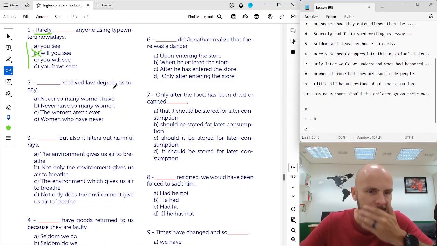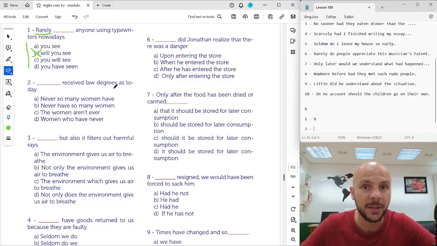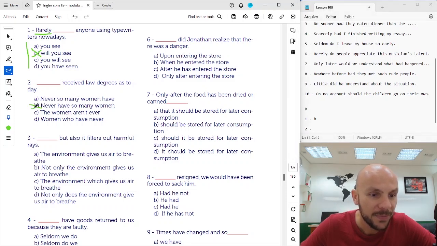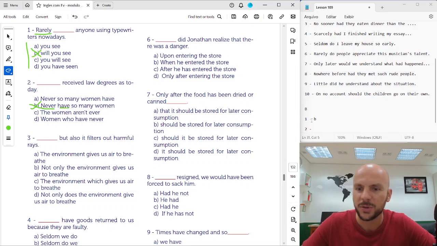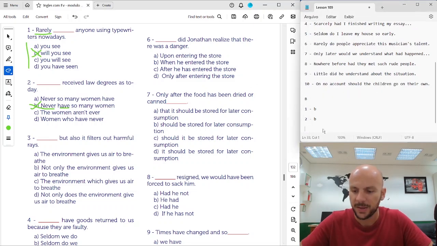Never have so many women received law degrees as today. Adverb and auxiliary. Adverb and auxiliary. So 2 letter B.